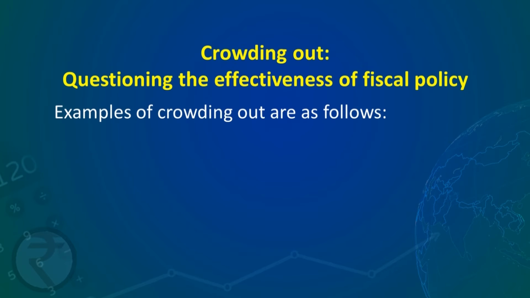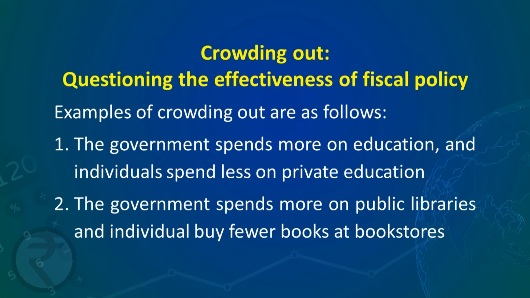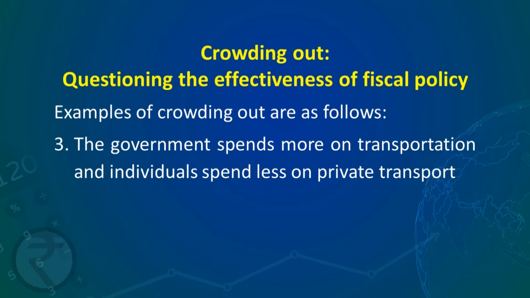Examples of crowding out are: number 1, the government spends more on education and individuals spend less on private education. 2, the government spends more on public libraries and individuals buy fewer books at bookstores. 3, the government spends more on transportation and individuals spend less on private transport.